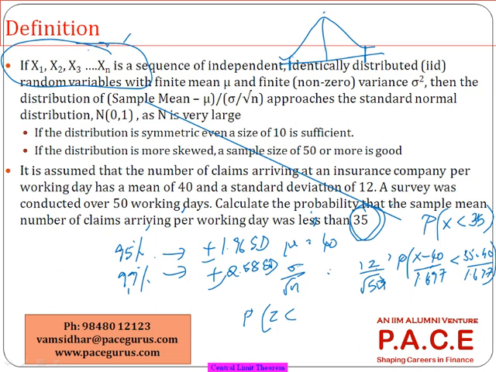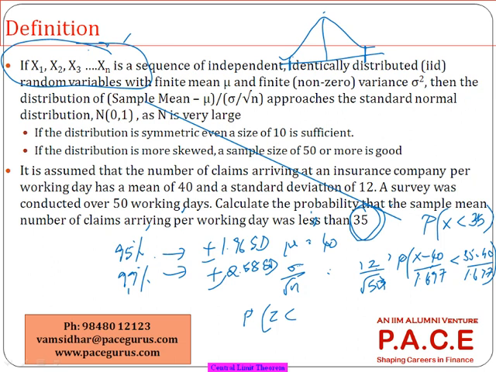So using the central limit theorem, we can do a good prediction of the average number. What is the chance that the average number of claims is less than this, more than this, or lying between this and this? It's a good tool to predict the averages of the population based on one single sample of data.